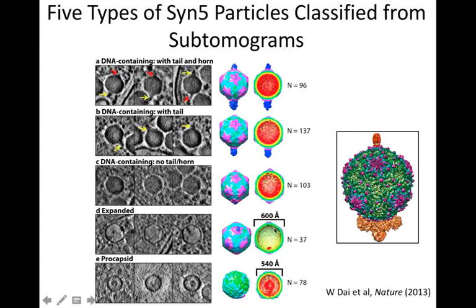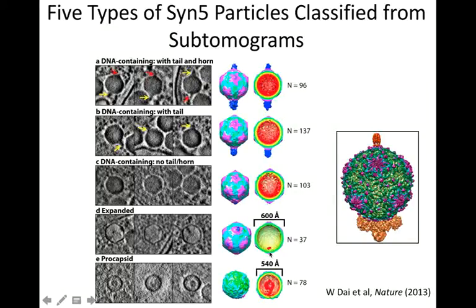The second thing we learned from this kind of analysis is the expansion of the diameter of the phage particle, even though not a lot of DNA density is found inside. This suggests that the expansion does occur at a very early stage, when the DNA begins to encapsulate.